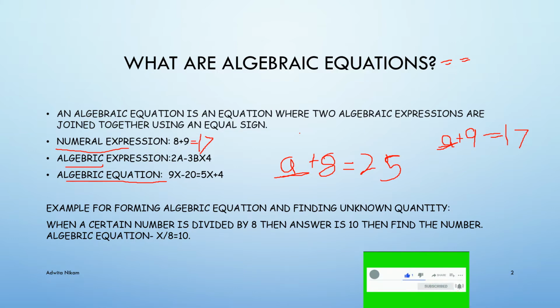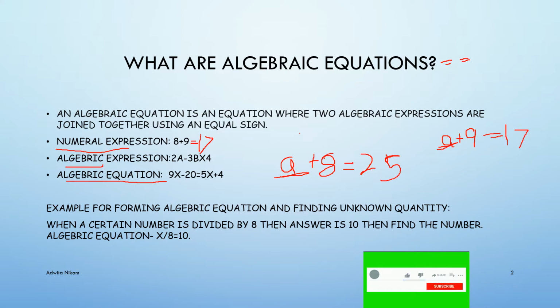So I'll give you an example for forming an algebraic equation and finding the unknown quantity. When a certain number is divided by 8 and the answer is 10, find the number. Suppose this is a question. So we have to turn this question into an algebraic equation.